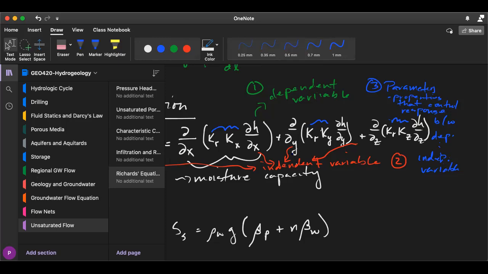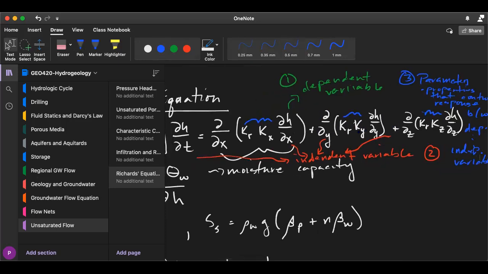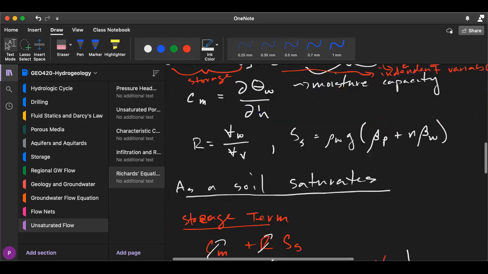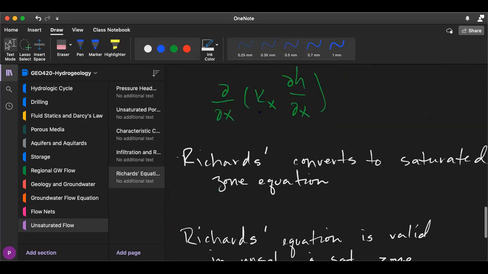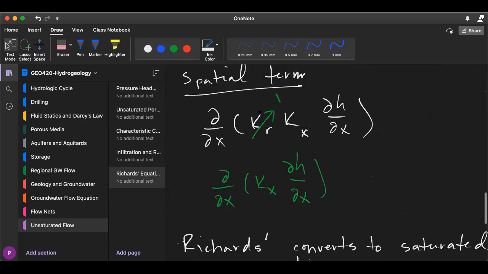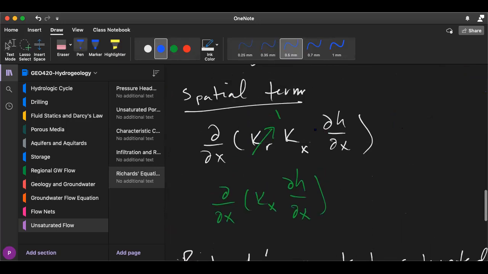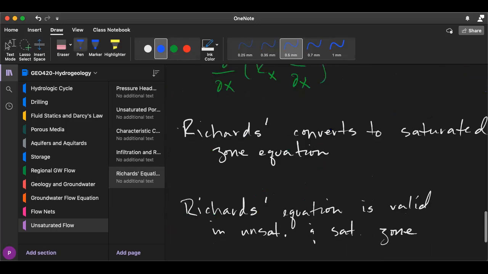Now, I'm going to just write these. I just want to look at the spatial term down here, and I want to illustrate the difference between Richards and the normal groundwater flow equation. I'll write it here.